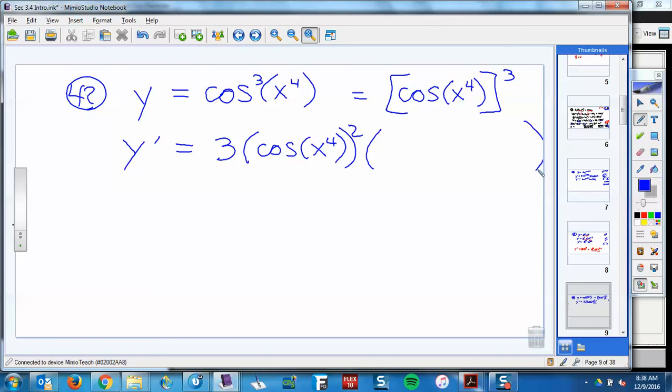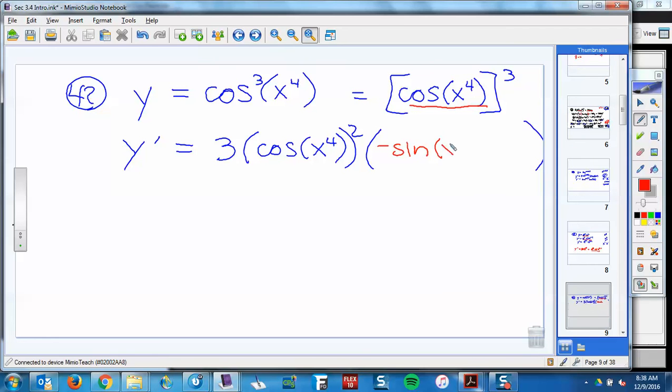Well, the inside's kind of messy, so I usually put a big set of parentheses because I know it's got to go in there. Right? Now, I don't have any plus signs in here, so that's a good thing. Usually the plus and minus signs are what mess me up. I really need my parentheses there. So now we're doing the derivative of the inside, which is the red part. Well, how do you do that? Well, you do the outside first, which is negative sine.